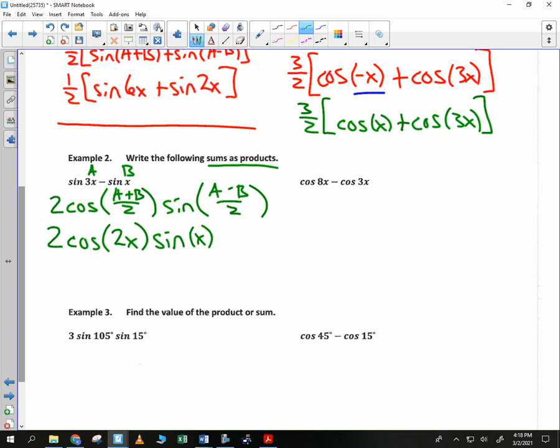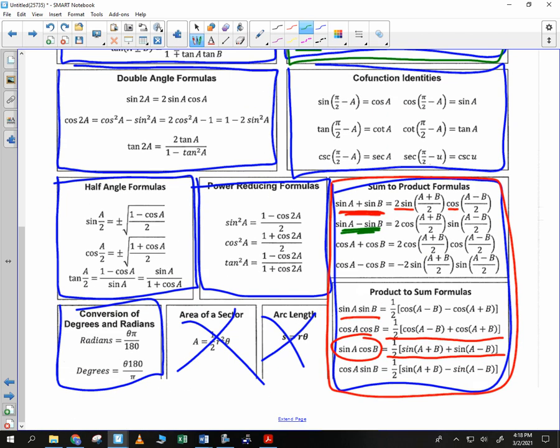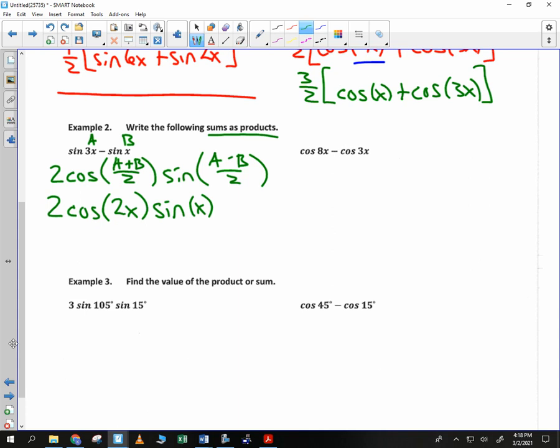If we look at cosine minus cosine, find my formula here. And it looks like there's a -2 sine and then another sine. So we'll write that down. -2 sine and then sine.